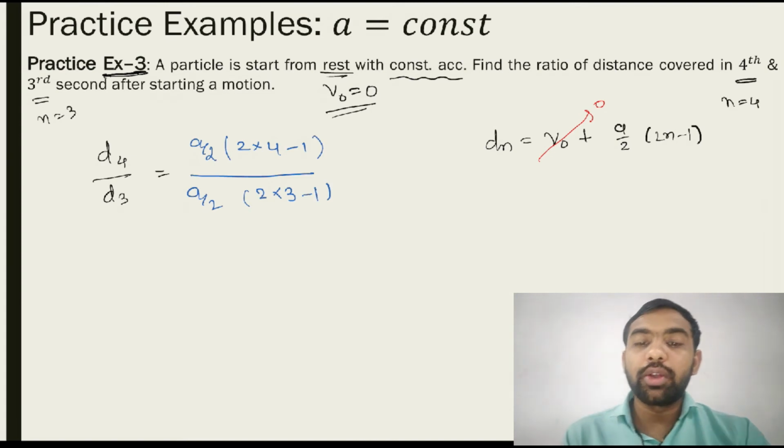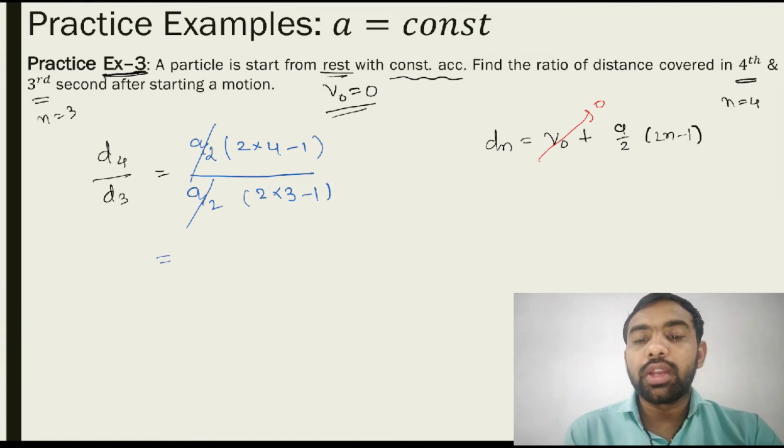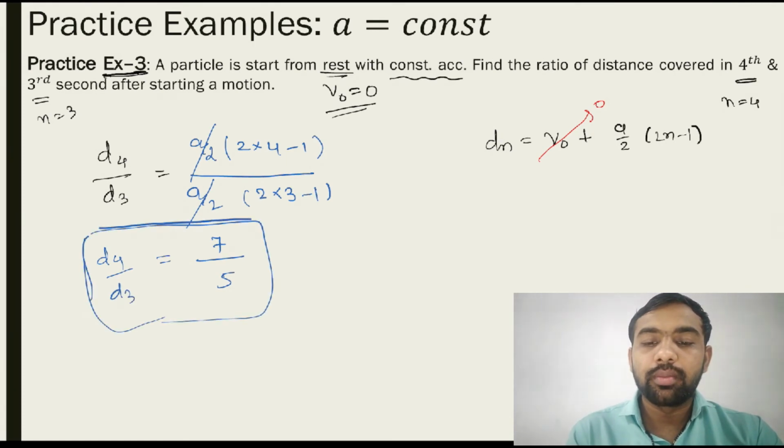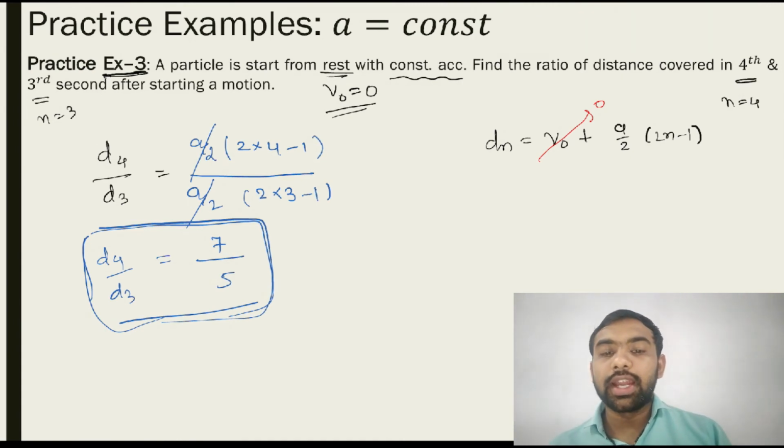So d4 upon d3, a by 2 cancels out. So what is the answer? 2 into 4, 8 minus 1, 7, upon 6 minus 1, 5. So our answer is d4 upon d3 is equal to 7 by 5. So we get the final answer.